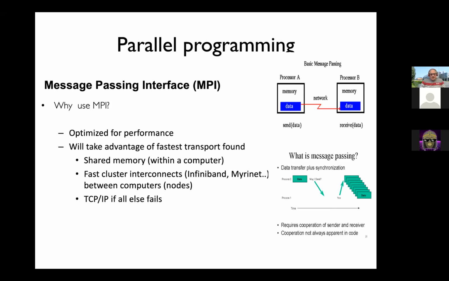MPI has been widely used in parallel programming and HPC. It's not an easy way to program, especially if you're not a computer scientist. You can easily get into a deadlock situation because you're explicitly programming the send and receive operations between the different parts of your program.